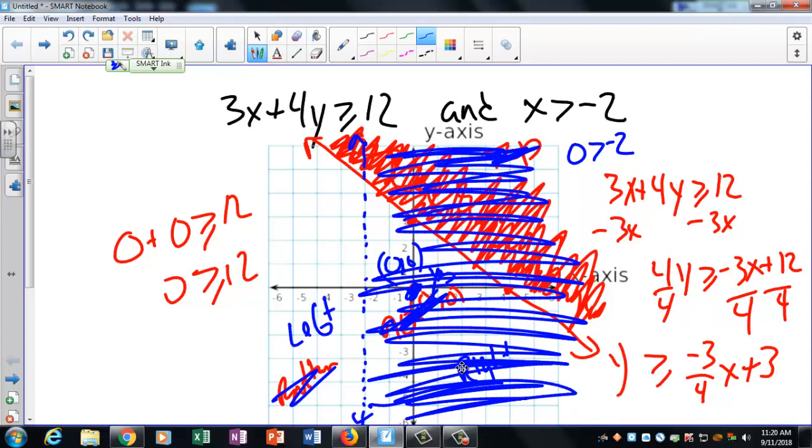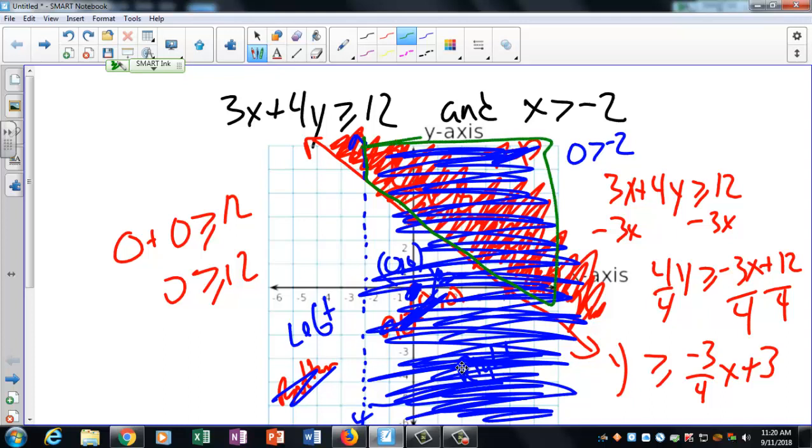So all of that is a solution. Like where the red and the blue cross, that should be purple. So this area here, that should be purple, right?